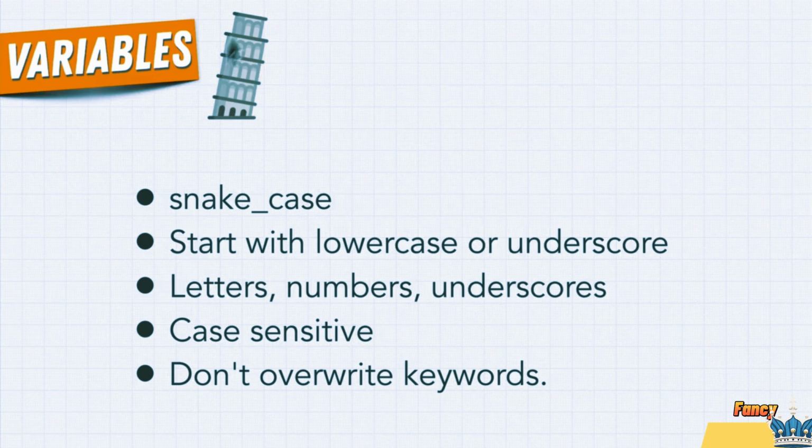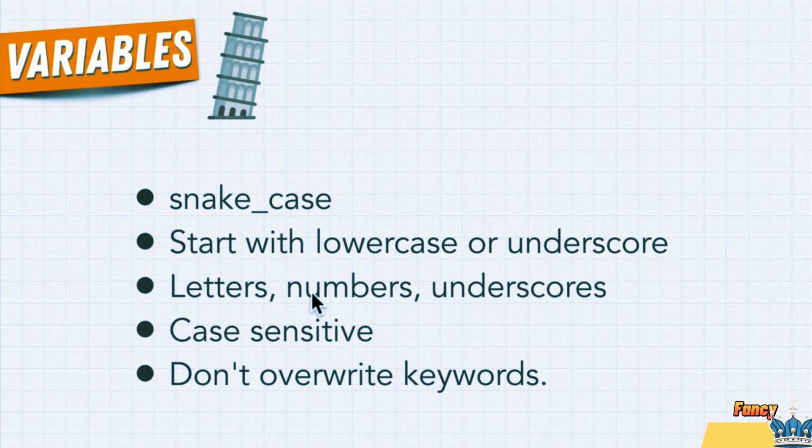Variables, and remember, this is the symbol for best practices, are what we call snake case. Snake case means it's all lowercase and then spaces, well, they don't exist. We use underscores. Variables must start with a lowercase or an underscore. Variables can be anything with letters, numbers, and underscores. But remember, they have to start with lowercase and underscore.